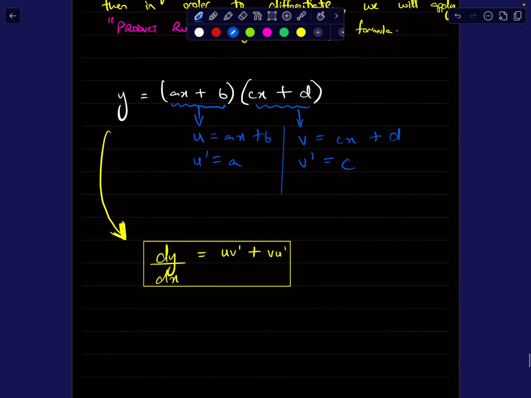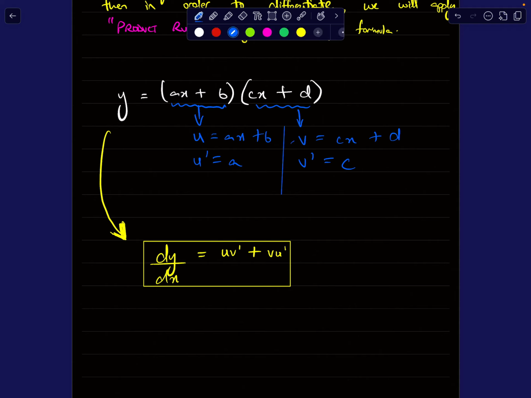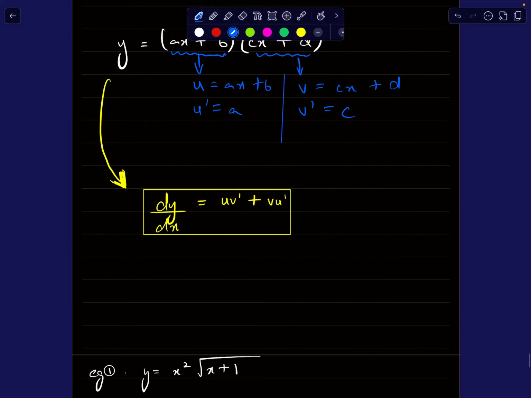Thus, this is the formula for the product rule. Whenever we apply the product rule, this is the formula we'll apply, and we simply have to substitute these values. If we were to simplify this, we'd end up with something like ax plus b, plus substitute v, cx plus d, and substitute u prime.